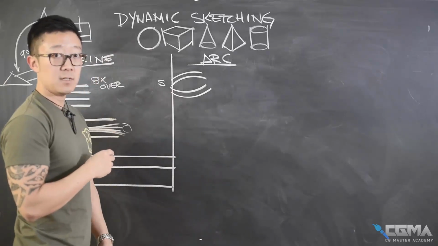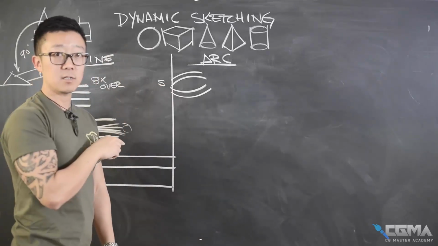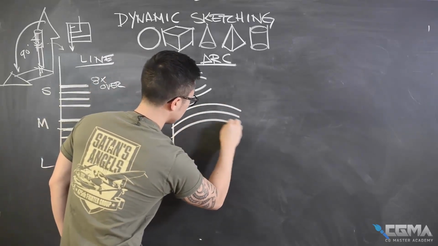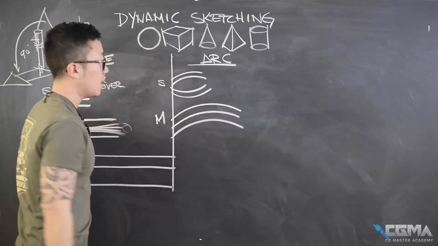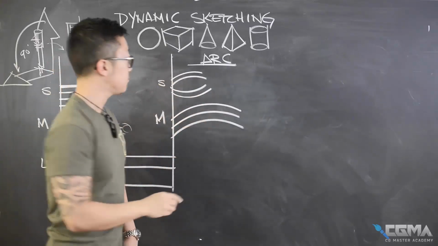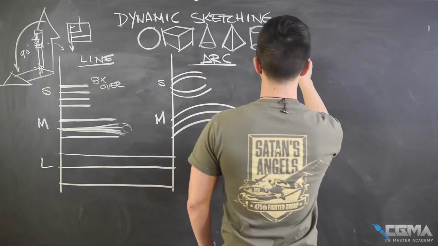So hopefully you've done a few of these, okay? 3 or 4 short lines, arcs. Medium length, arcs. Up and over, down and up. I'm going to do one more vertical on this side.